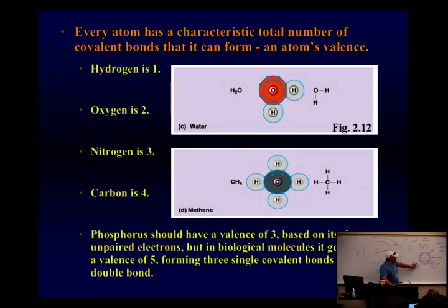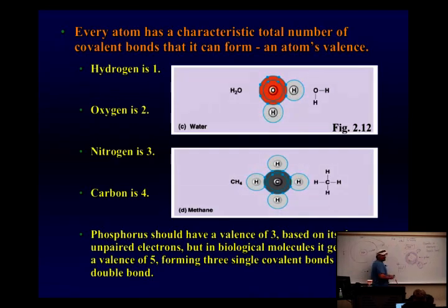Now, it won't last long because this is going to realize I don't have all the electrons that I want in my outer shell, and it's going to be like, I got to find this lost hydrogen. And the same thing is going to happen with this. So they'll go back, right? But this occurs at 10 to the minus 14 molar of hydrogen ions.